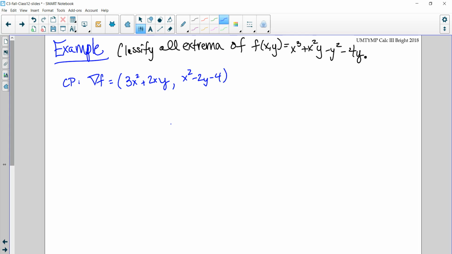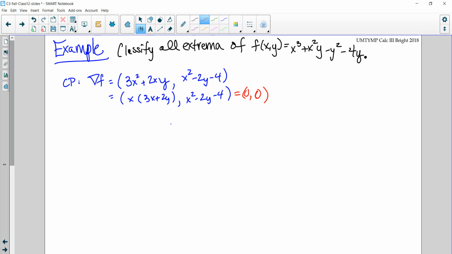Okay, and if I play around with this just a little bit, I end up being able to write this as x times (3x plus 2y), and then comma, x squared minus 2y minus 4. And again, for critical points, I'm trying to find when this is (0, 0).